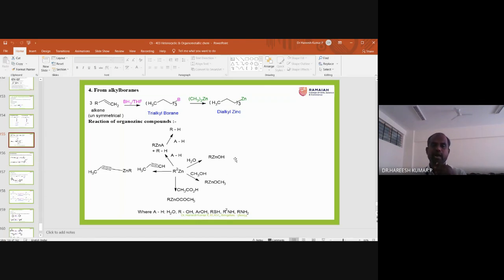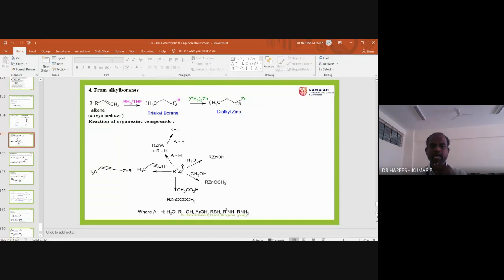Suppose an alkyl zinc is treated with methanol, then you will get methoxyalkyl zinc. What does it mean? The lone pair present on the oxygen will react with this zinc, and one of the R groups will form a bond with this proton, going out as an alkane, and the product is methoxyalkyl zinc.